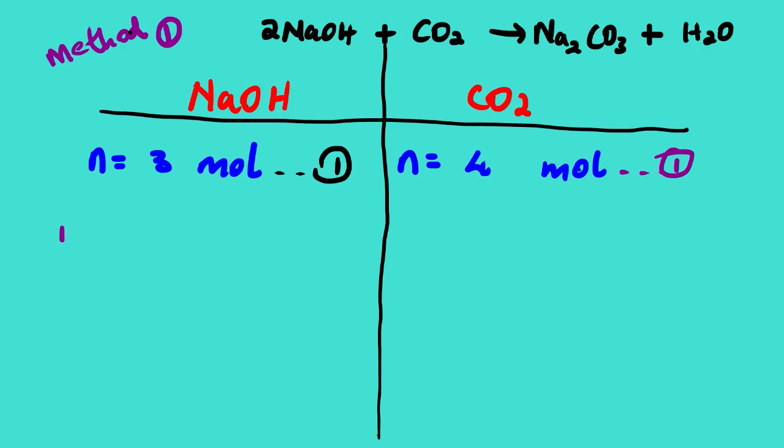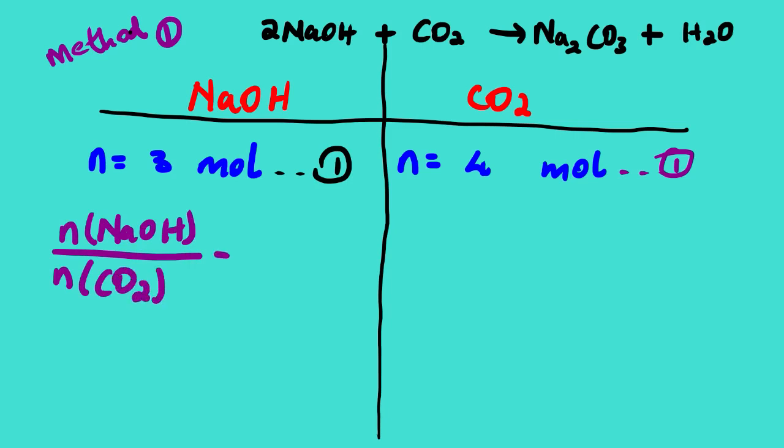So we are going to take the number of mole of sodium hydroxide divided by the number of mole of carbon dioxide equals to, we look at the mole ratio. We have 1 here. Since you don't have any number here, you must know that it's 1.